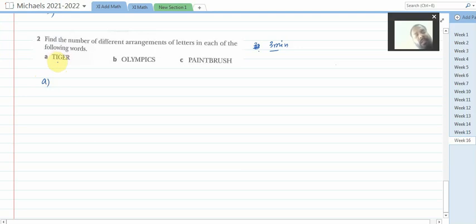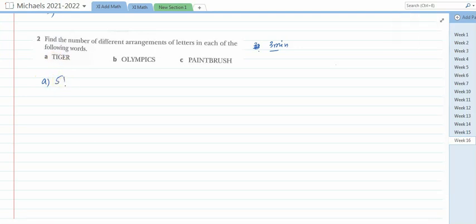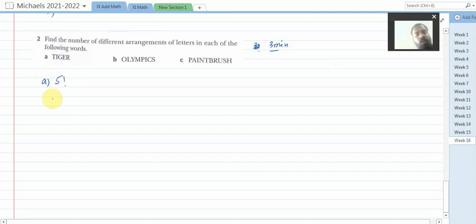It's 5 letters, so it's 5 factorial, which equals 120. So there are 120 possible ways in which you can arrange the letters TIGER. For the second part, Olympics. How many letters? 1, 2, 3, 4, 5, 6, 7, 8. So it's 8 factorial, which equals 40320.